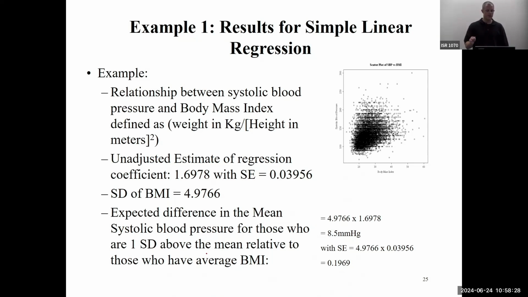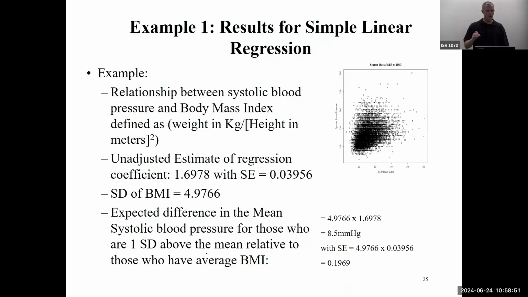So given all this information, we could just say that as BMI goes up by 1 unit, you would expect a person's mean systolic blood pressure to go up by 1.7 units. Okay? That's that positive relationship. That's the standard interpretation of that estimated coefficient.